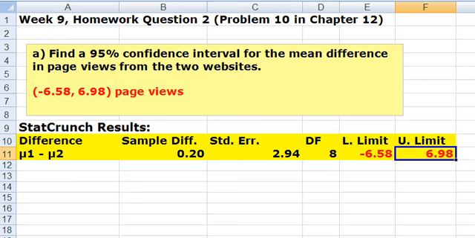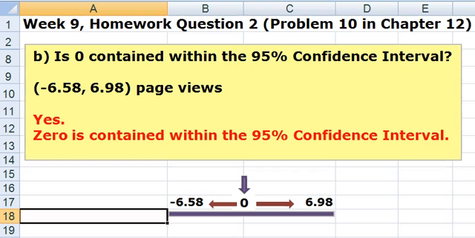So here's the data that we generated in StatCrunch. Over here to the right we see the lower limit is negative 6.58. The upper limit is 6.98 in page views. B asks, is 0 contained within the 95% confidence interval?